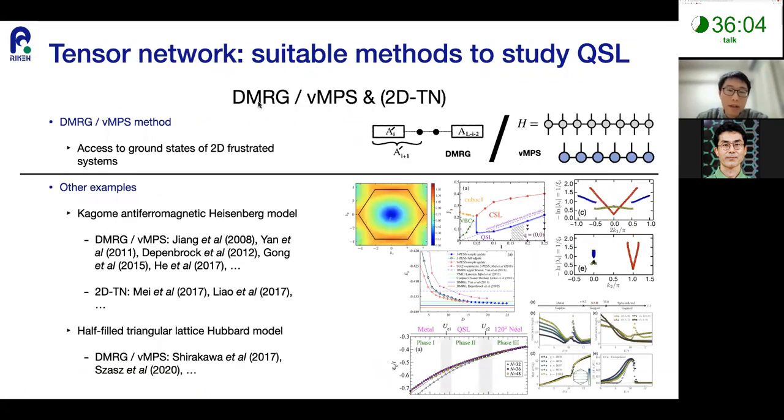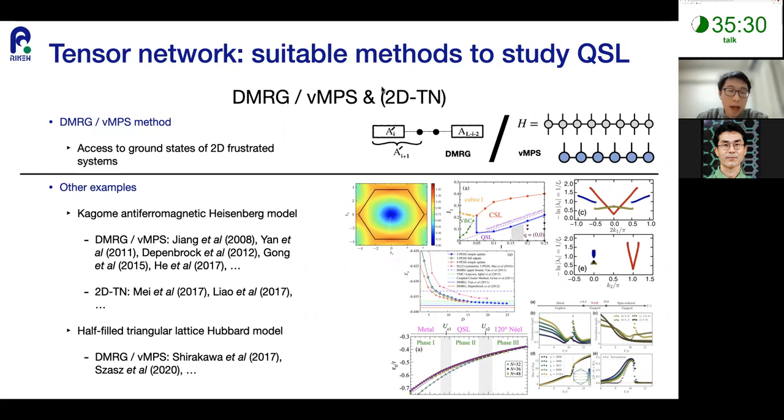And then I will introduce the tensor network related methods used in this work. Here we use the DMRG method to calculate the ground state properties. The DMRG method is sometimes called the variational MPS method, and there are various two-dimensional tensor network methods, which we didn't use in our work.